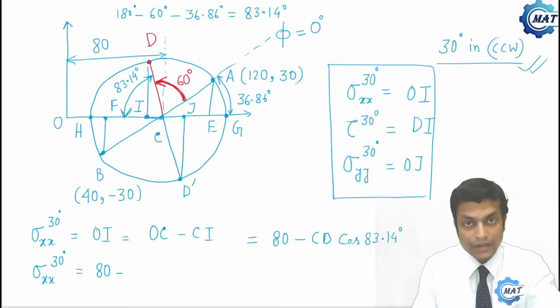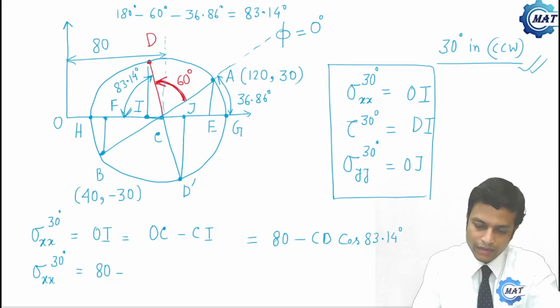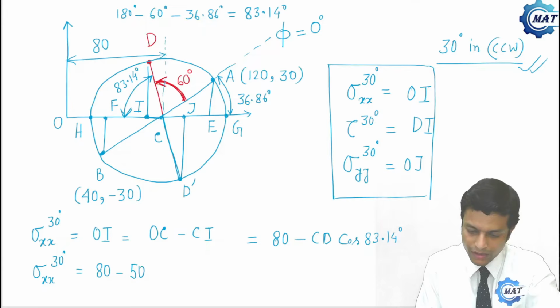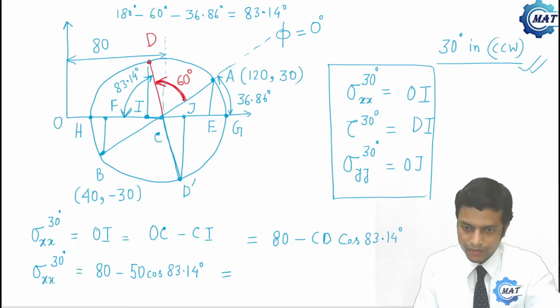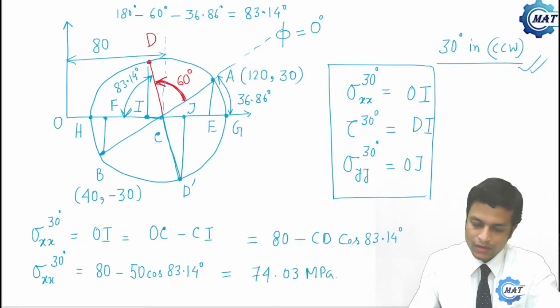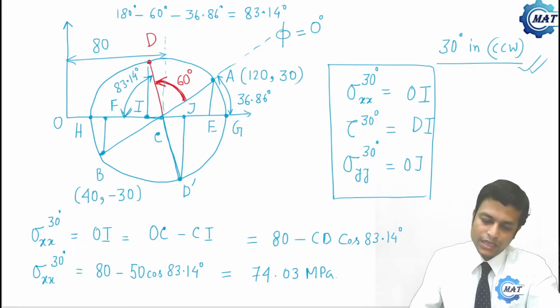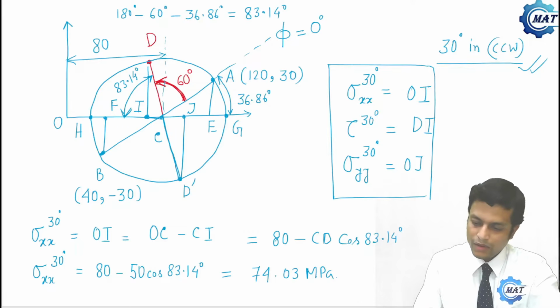CD is the radius of the Mohr circle, and we have already calculated the radius is 50 MPa. So 50 cos 83.14 degree, that becomes 74.03 MPa.